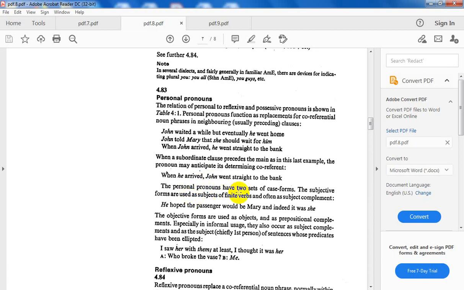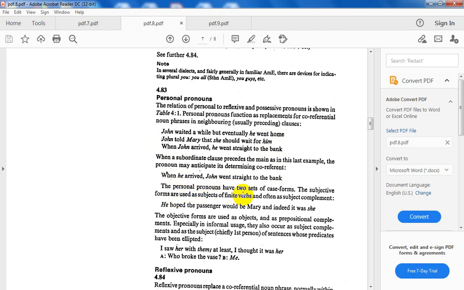So what is the function? It is co-referential: I have the pronoun, then the noun, and they can have a co-referent function.